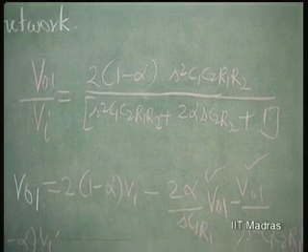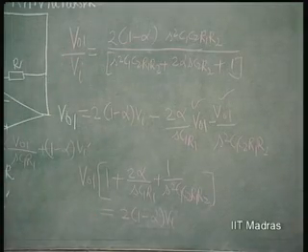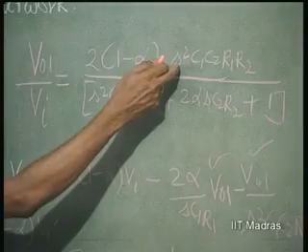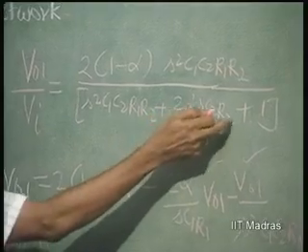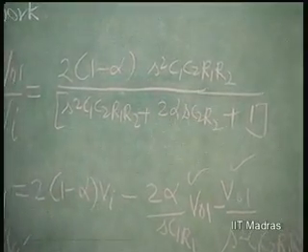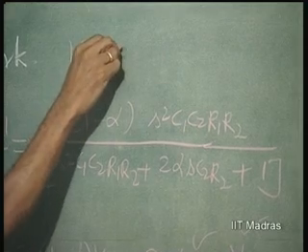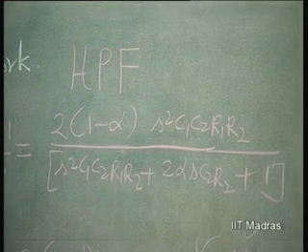From the equation here, this is what we get. This transfer function with S squared here and S squared into something plus S into something plus 1, this is called high pass filter transfer function.